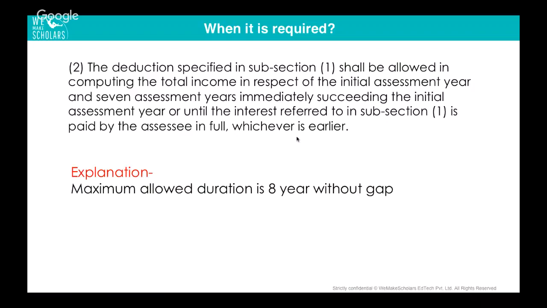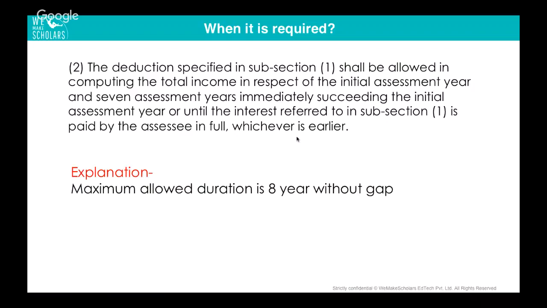You start paying your EMI every month from 2021, and for up to 8 years, up to 2029, you can claim these exemptions on the interest component which you are paying every month. I'll show you a screenshot of how the interest component appears. I'll come to that, so don't worry.